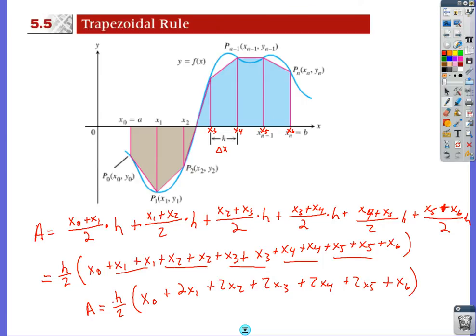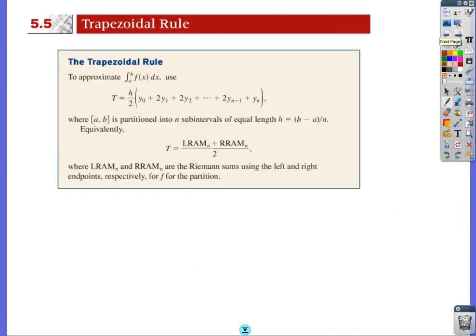So let's take a look at the formula in its more formal version. If I want to approximate the integral from a to b of my function using trapezoids, here's that formula I just showed you, where a to b is partitioned into n subintervals of equal length. That is very important. I cannot use this formula if h is different.